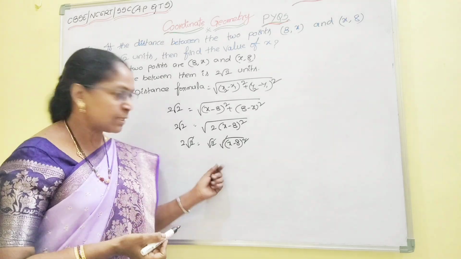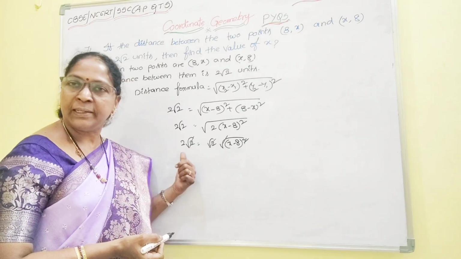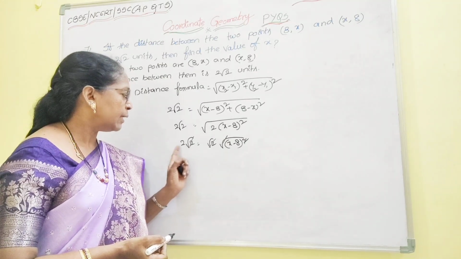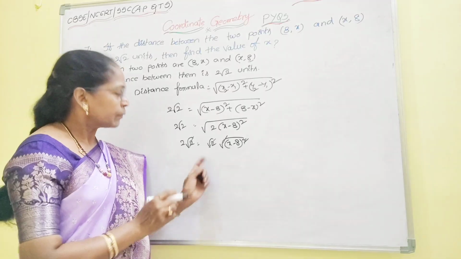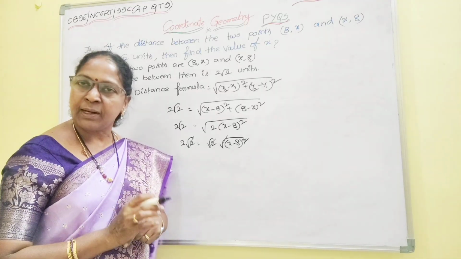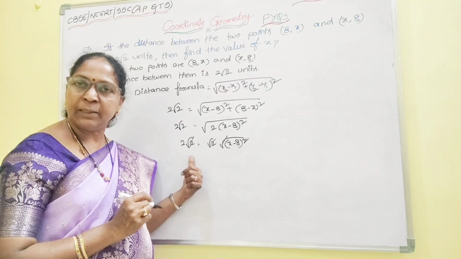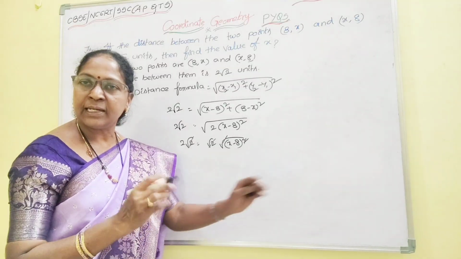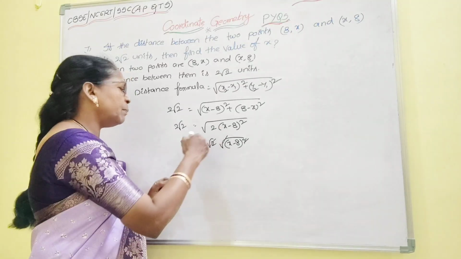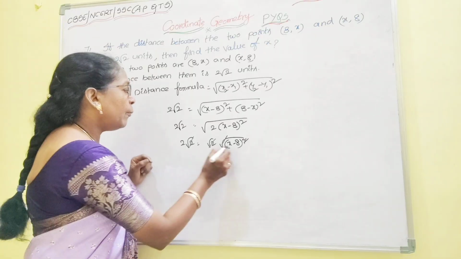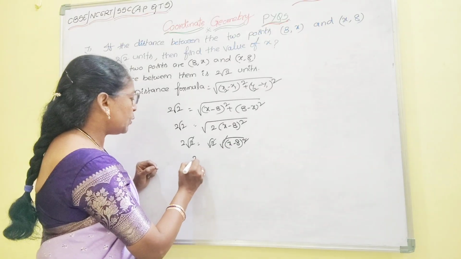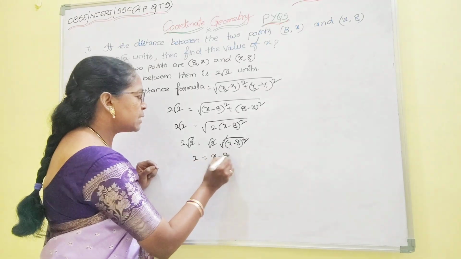How can it cancel? This is in multiplication form. If no symbol is there in between these two values, the meaning is multiplication. Whenever this is multiplication and it goes to the other side, it becomes division. So simply you can cancel the value. Here 2 equals x minus 8.